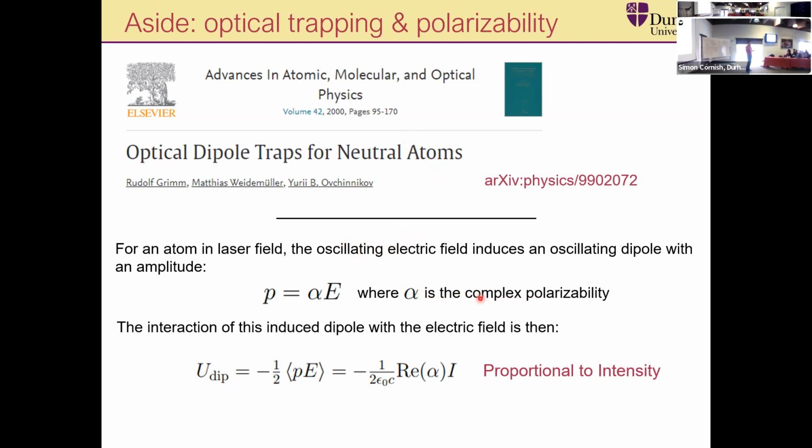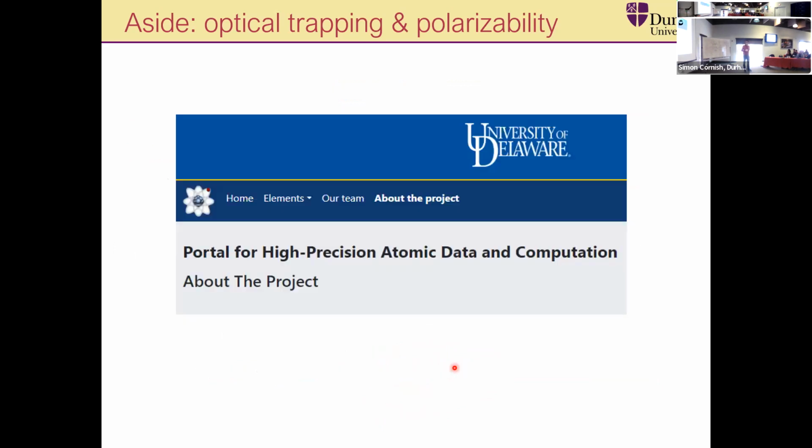The dipole interacts with the electric field of the light and leads to this dipole potential, proportional to the real part of the polarizability and the intensity. That's how we do the optical trapping, and how many of you do it in your labs.